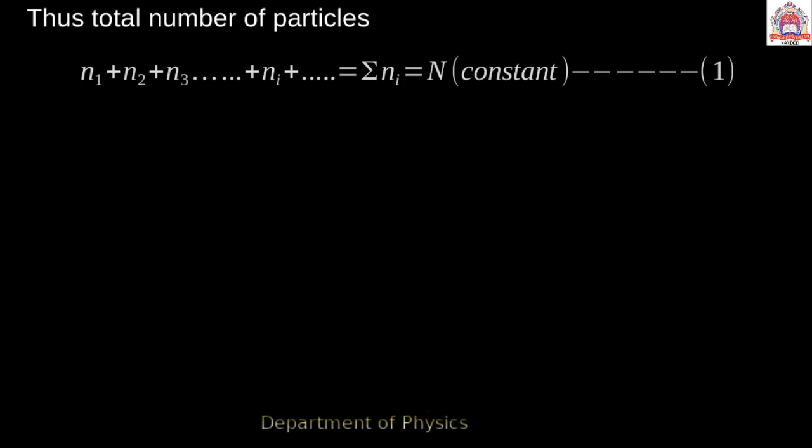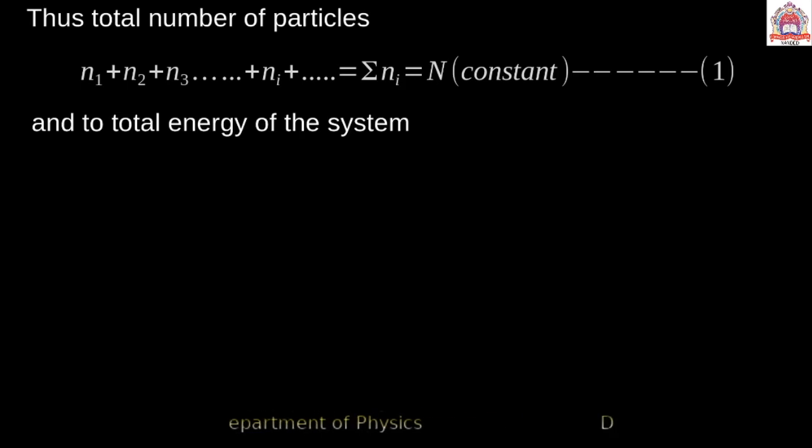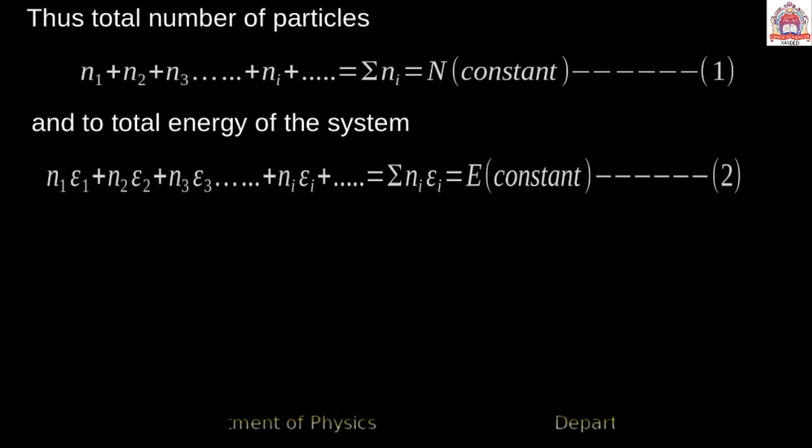The total energy of the system is also constant, and we get N1 E1 plus N2 E2 plus N3 E3 plus Ni Ei is equal to summation Ni Ei, and that is equal to E, which is constant for the system.